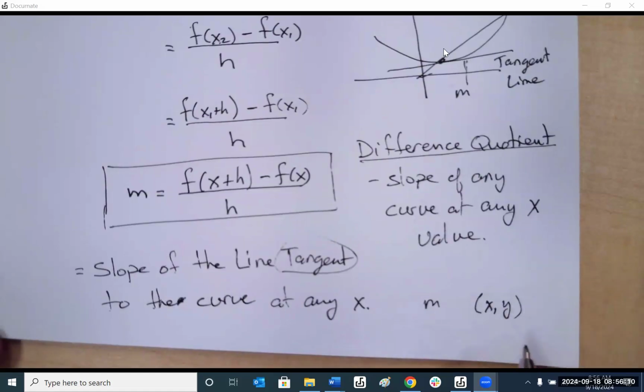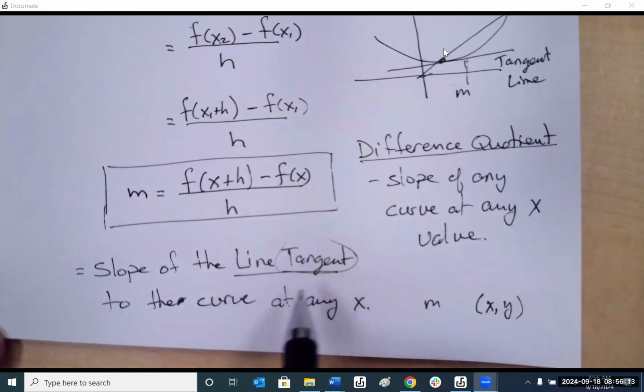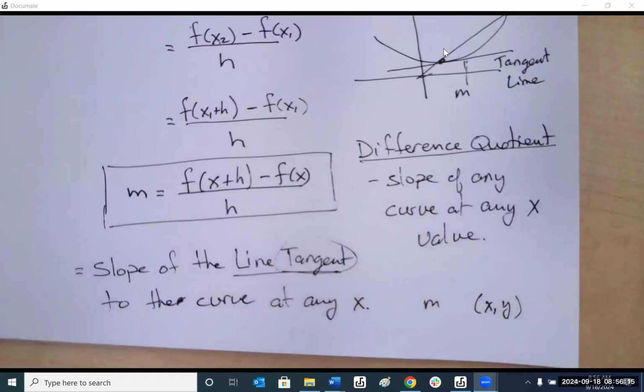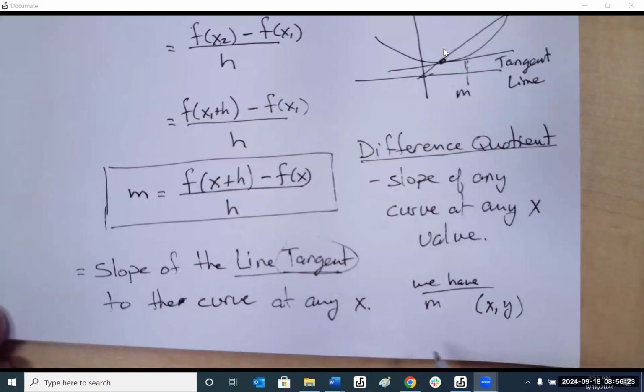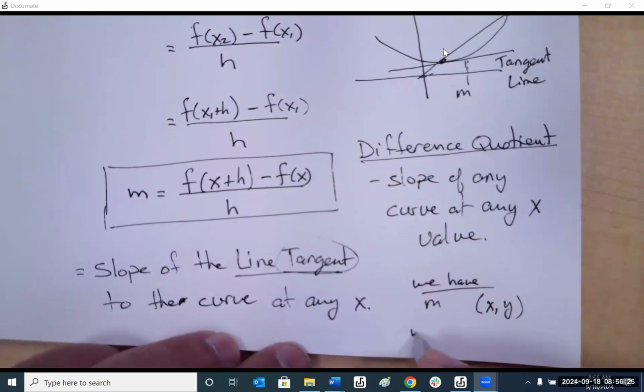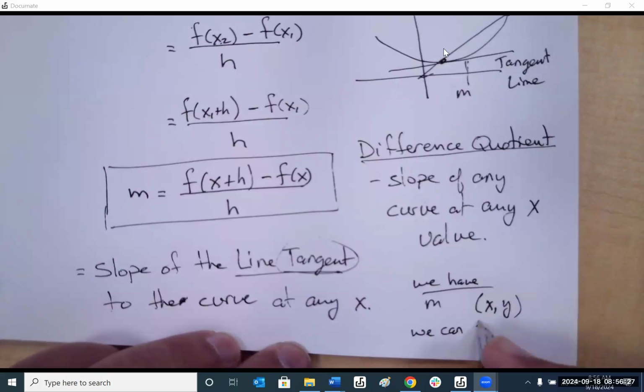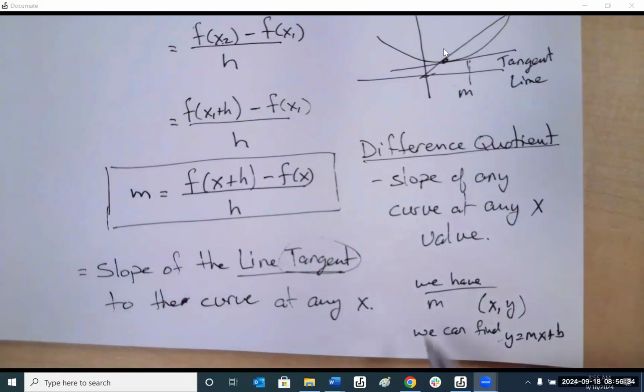We can find the equation of the line tangent. That's what we did in chapter 1. We can find y equals mx plus b of the tangent line.